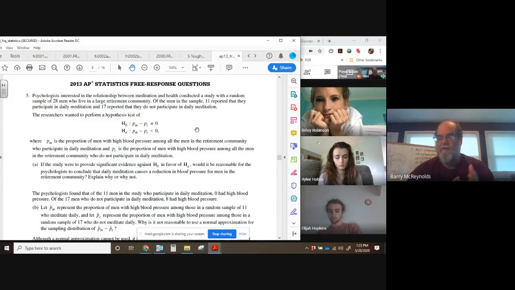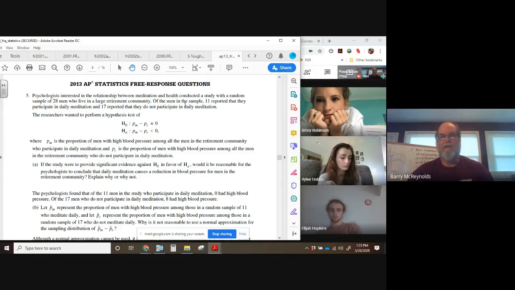That's as far as this goes, because the sample is 28 men, so we cannot make any inference with regard to women. We can't make any inference with regard to anybody outside this community. So when you read through this, you just need to make sure you understand what the population is.